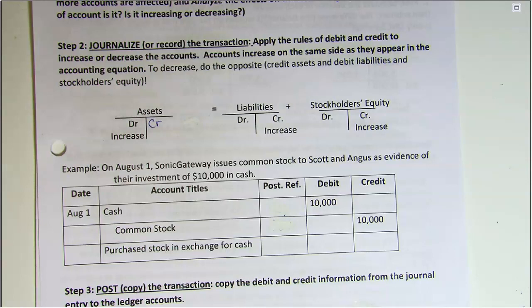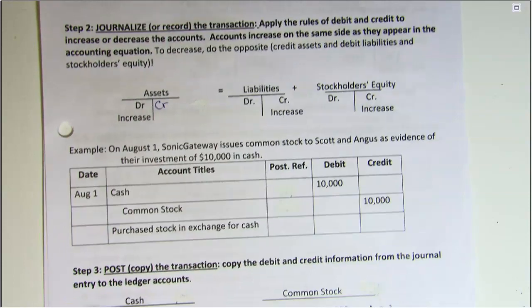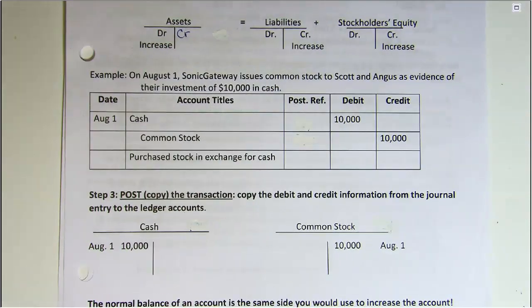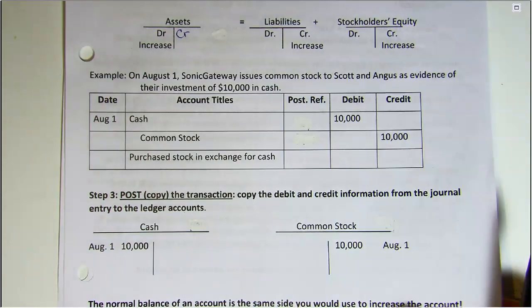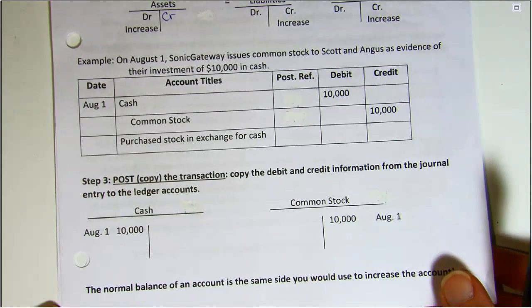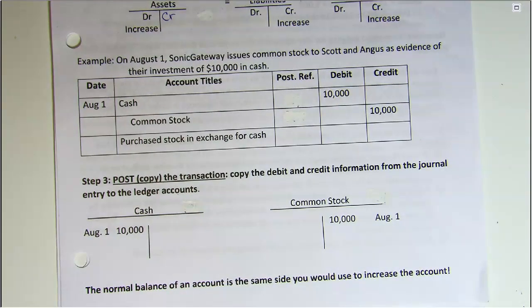So our next step is then to copy that information. We call that posting from the journal entry into our ledger book of accounts, into our T accounts. And we basically follow the directions of the journal entry.